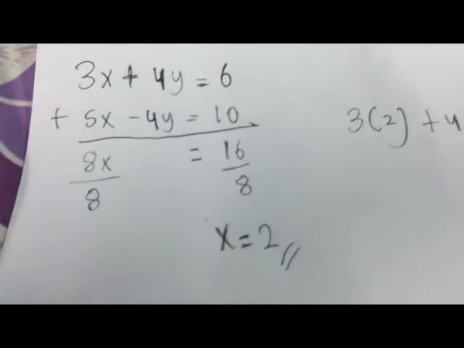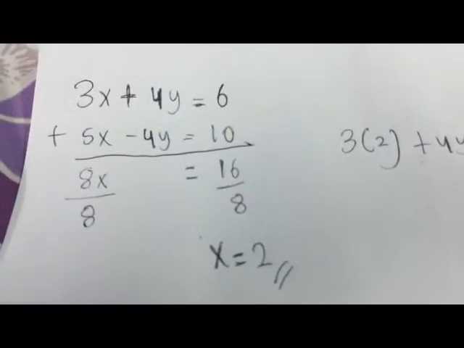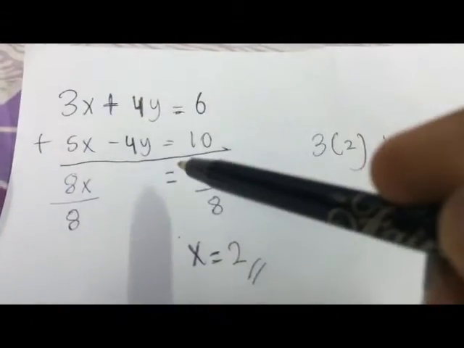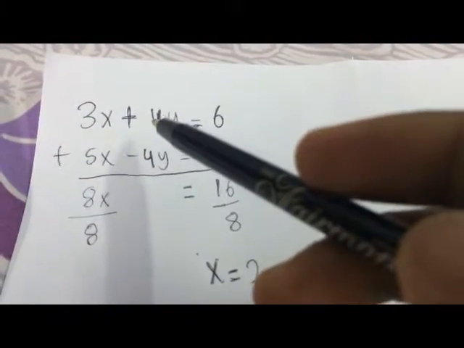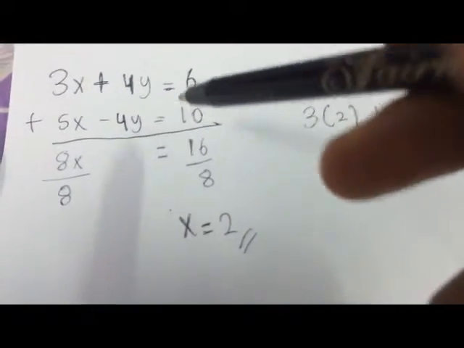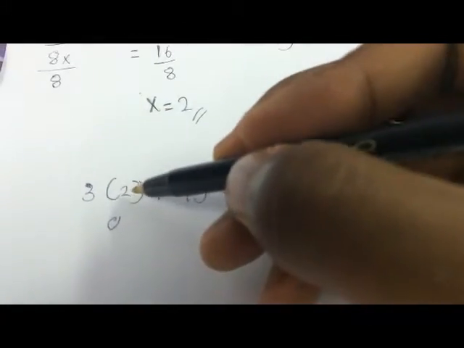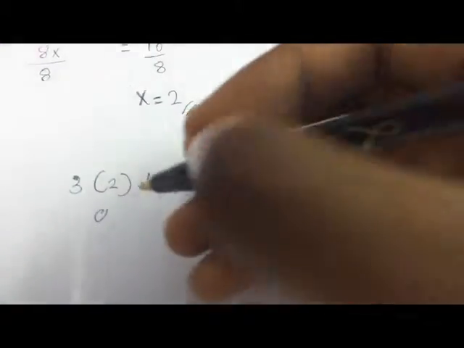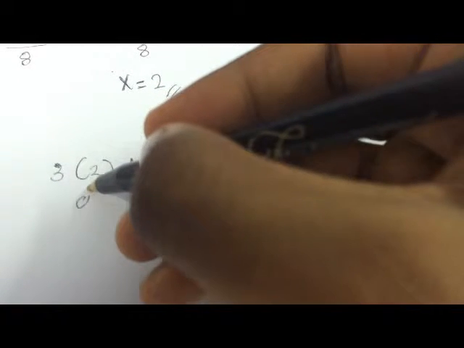Found the x. So in order to find the y, we would have to choose any of these. I'll prefer choosing the first one since it has positive numbers. So now you have to do 3 times 2 plus 4y equals 6. So 3 times 2 equals 6.